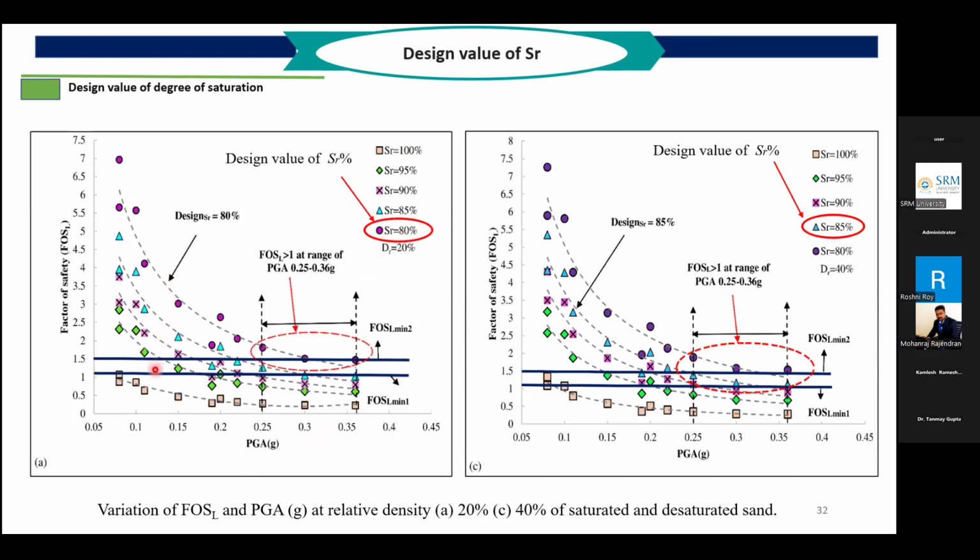You can see here the degree of saturation mentioned with different colors. The bottommost is 100% saturated, and the topmost is 80%, so the variation is about every 5% of degree of saturation. Here we are talking about the factor of safety.